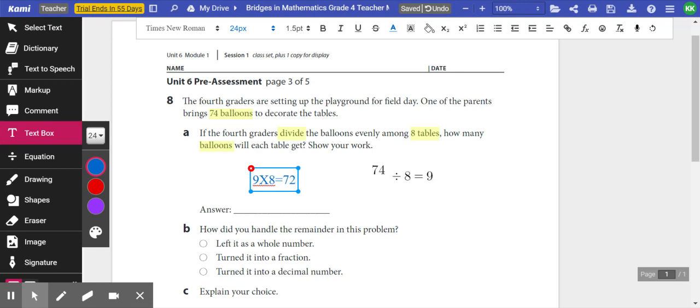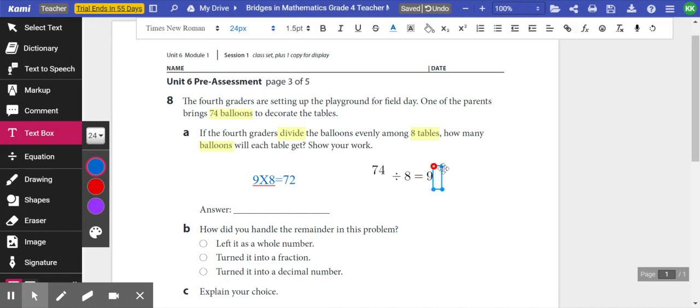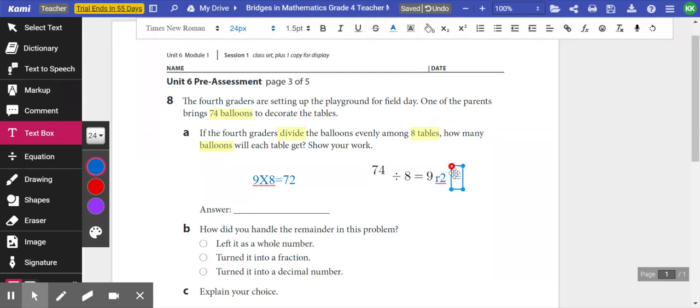So now I know that I have 2 left over because I'm going to have 74 balloons, so remainder 2. Now you can write that as remainder 2, or I can write it as 9 and 2/8, which also equals 9 and 1/4.